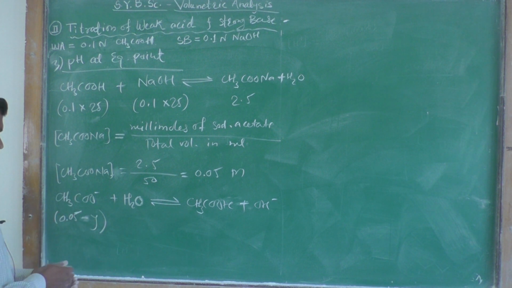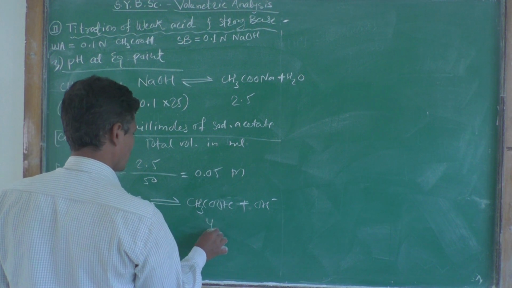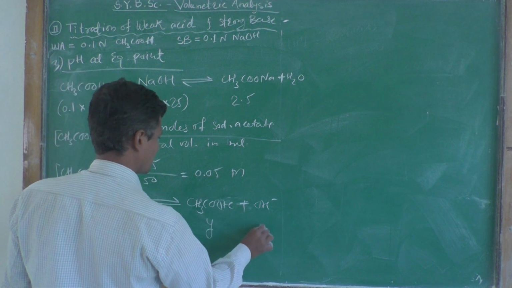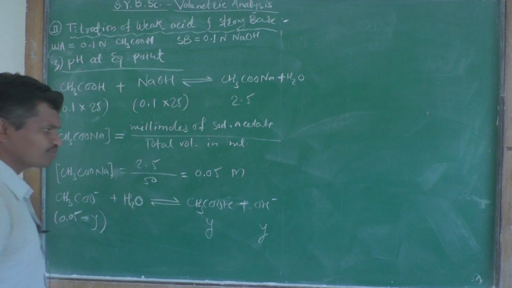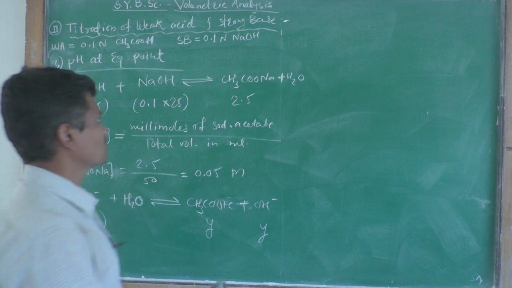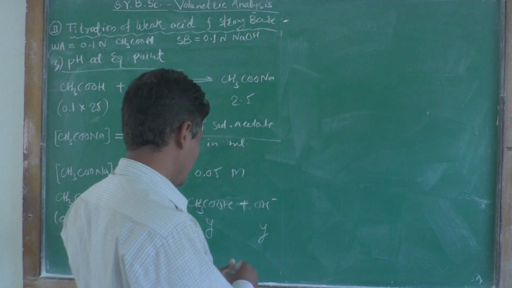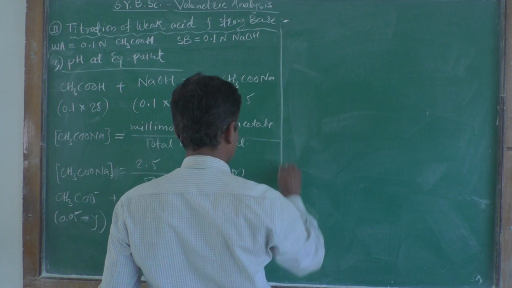So this is the fraction. It will form y millimoles of acetic acid and y millimoles of hydroxide ions. Now we have to calculate the OH minus ion concentration.